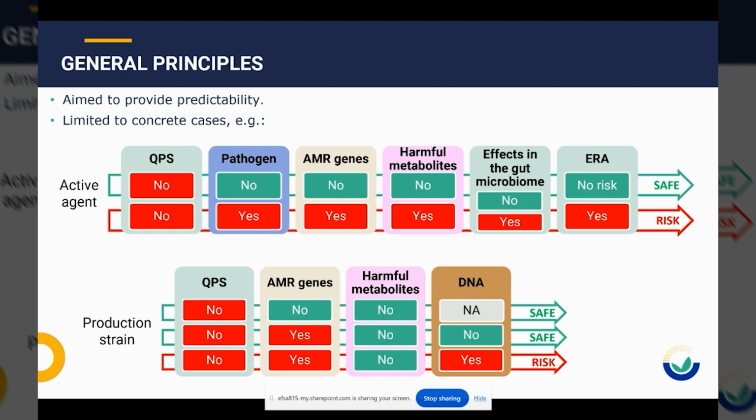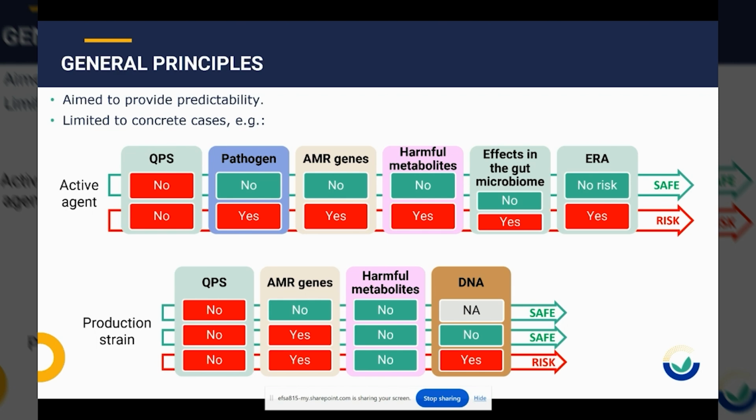For example, in the case of an active agent, even if it does not qualify for QPS, if it can be shown that it's not a pathogen, does not contain antimicrobial resistance genes, does not produce harmful metabolites, and does not have negative effects in the gut microbiome or in the environment, no risk is expected and the product will be considered safe.